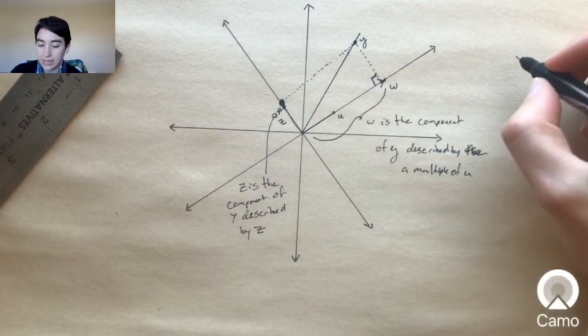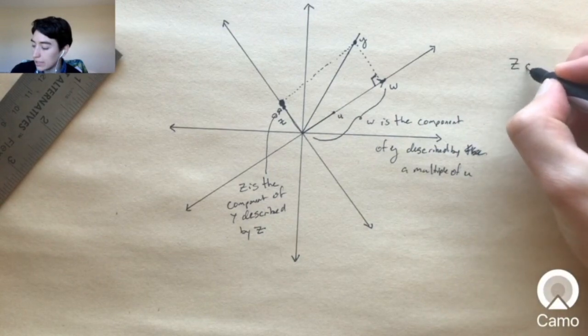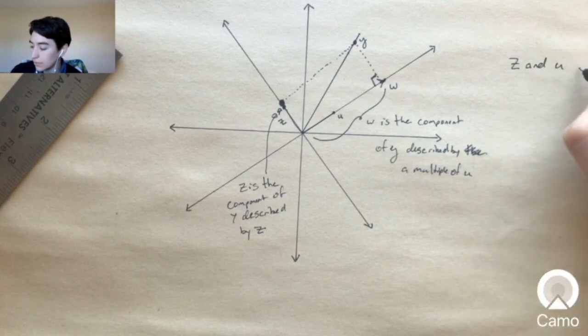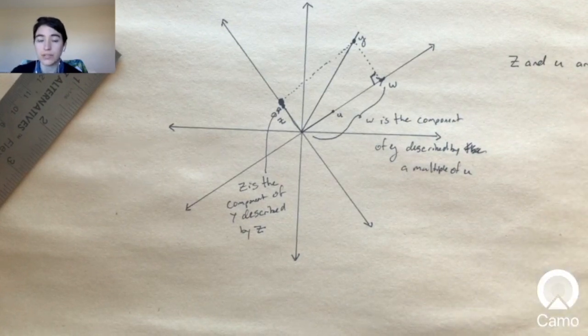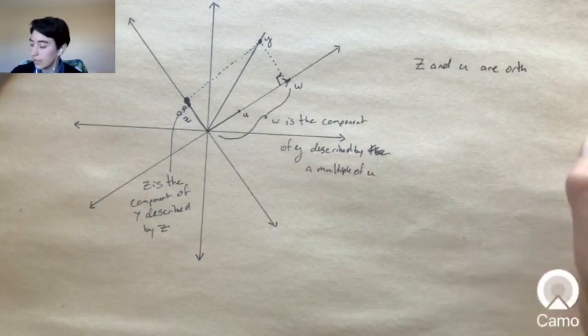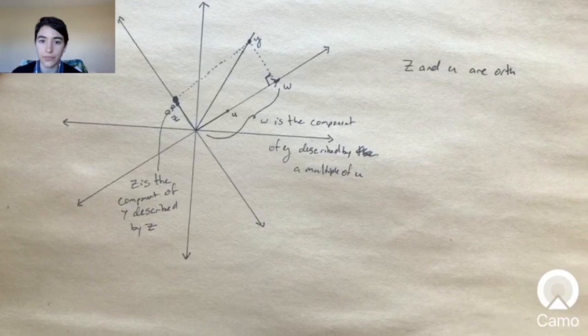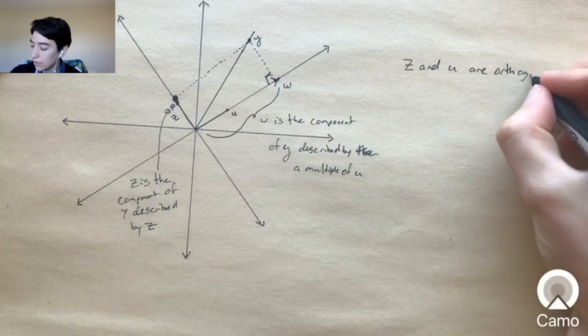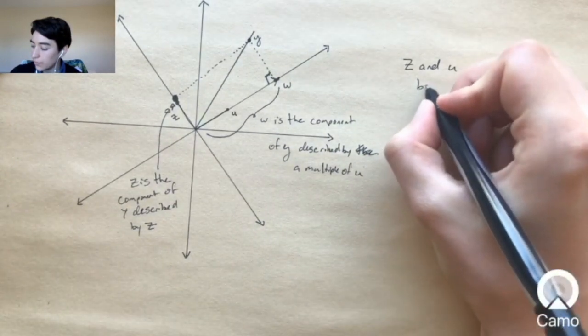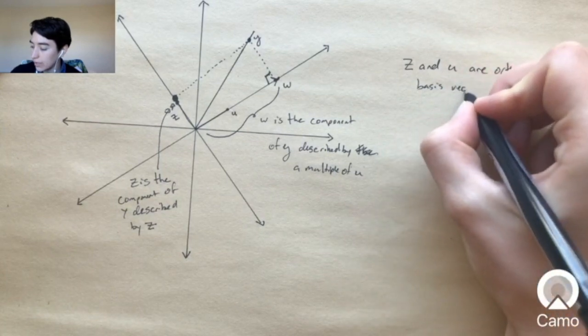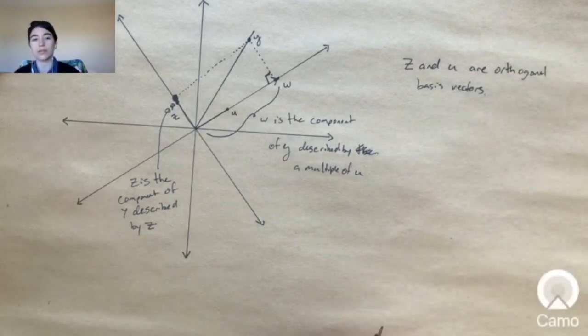So let's say that z and u are orthogonal basis vectors. Cool.